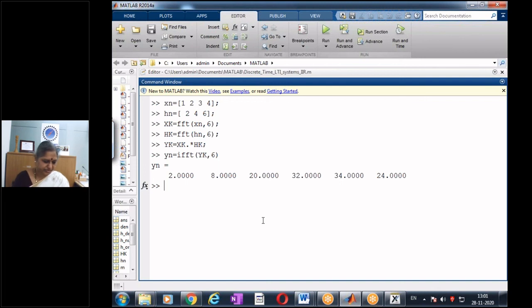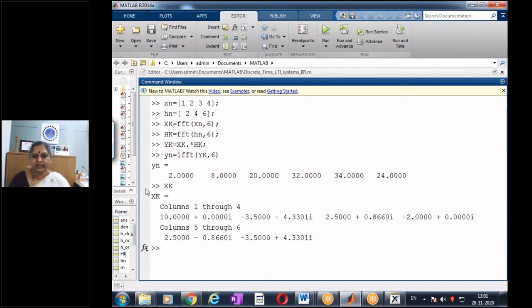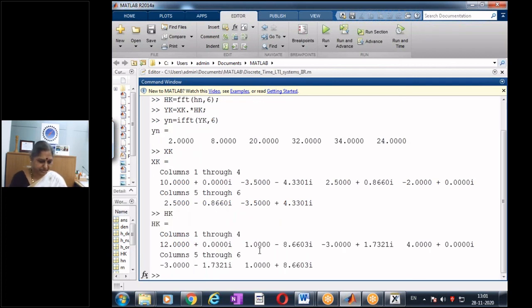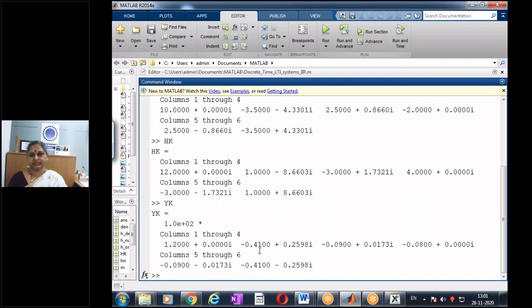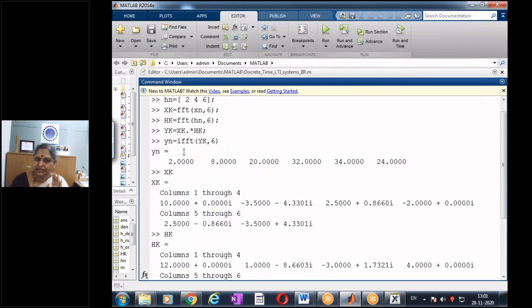If you want to see X of k, the 6-point DFT, the values are going to be complex, the first value being 10, then minus 3.5 minus 4.33j, and so on. Similarly this is my H of k, and the product Y of k is in this manner. They're all complex, but I get the same result by using convolution with suitable DFT and IDFT.